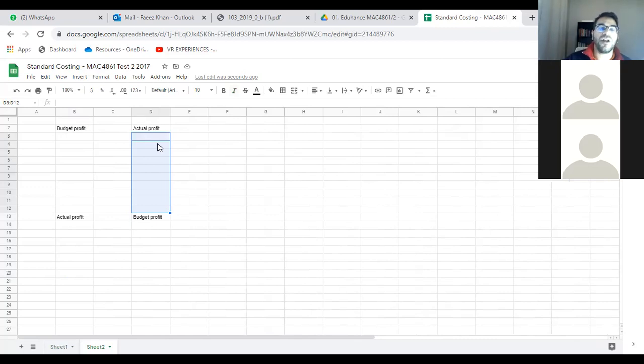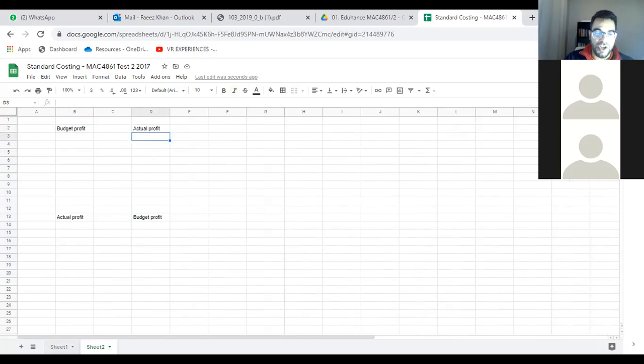But the critical part is, if they ask you to do it, you have to do it this way. What is important here is the direction. If you start with budget, for example, maybe unfavorable is negative and favorable is positive, whereas when you start from actual to budget, it's the other way around.